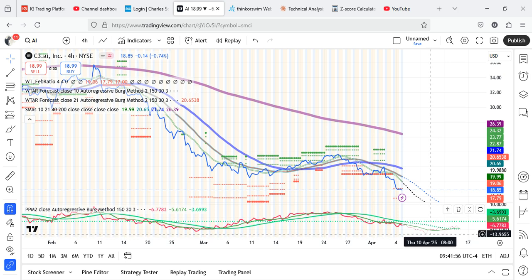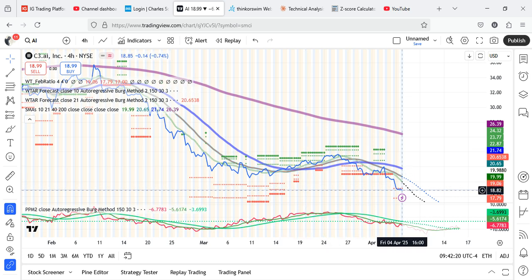Here we have some stabilization by the 10th of April. At least the bottom will be printed by this Wednesday, based on this 21 period moving average, and then after that it will pick up and stabilize.